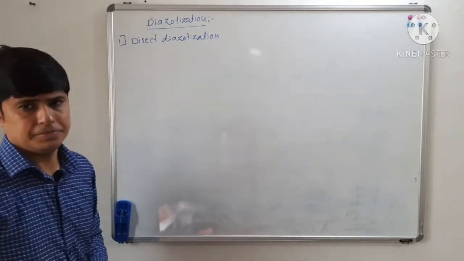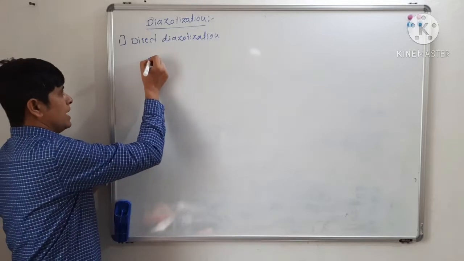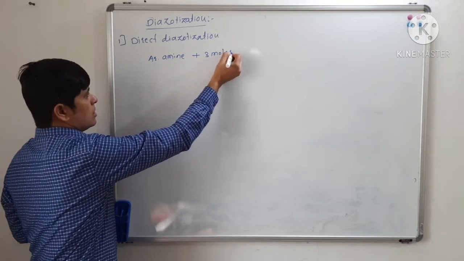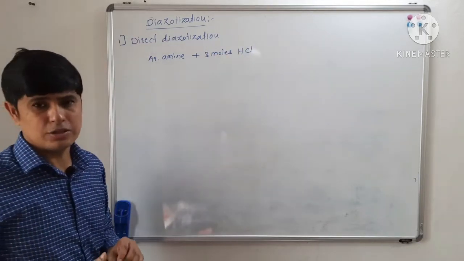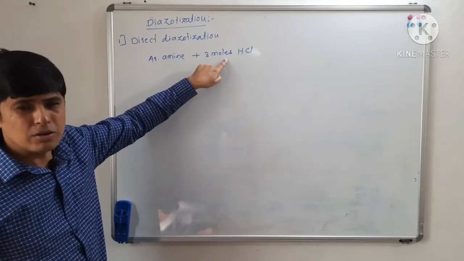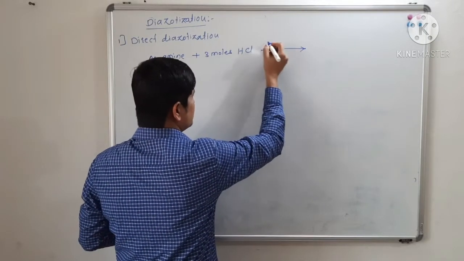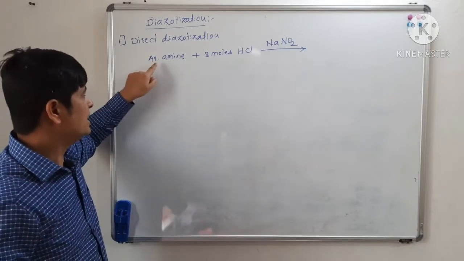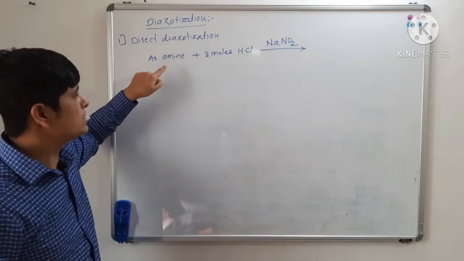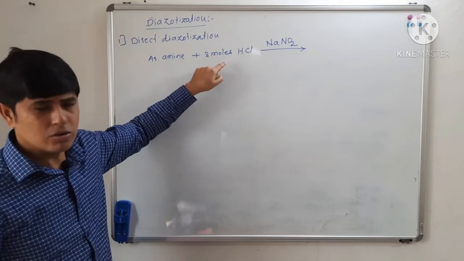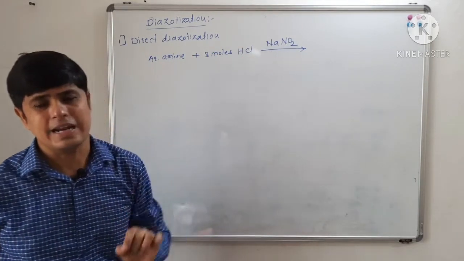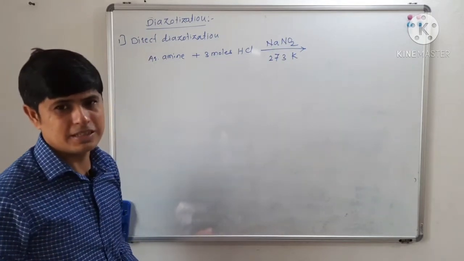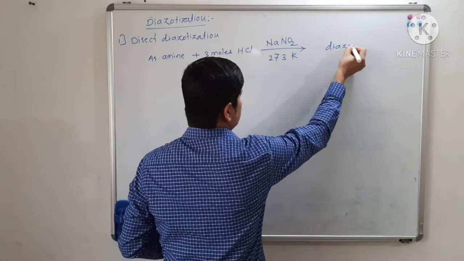In this method, a solution of aromatic amine and 3 moles of hydrochloric acid are mixed with the required quantity of sodium nitrite at 273 degrees Kelvin to give a diazonium salt.